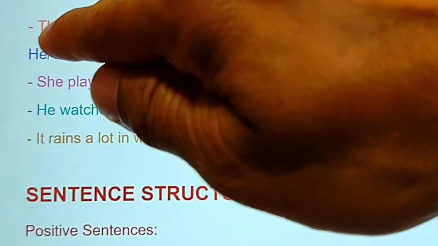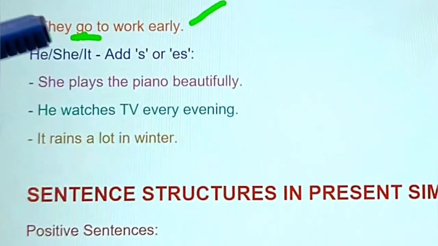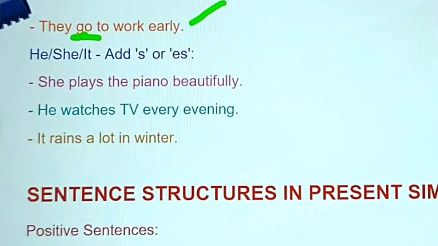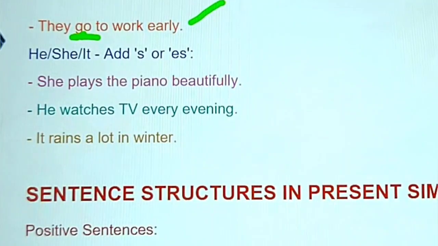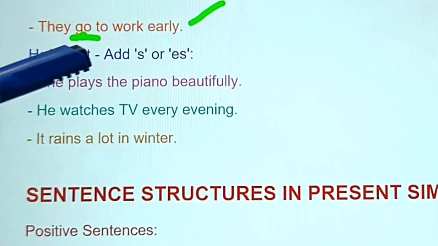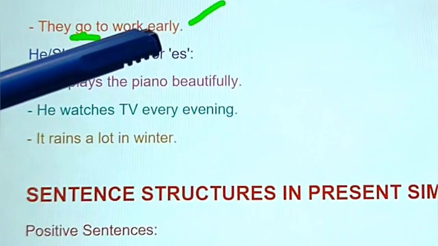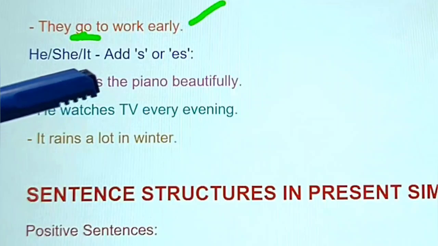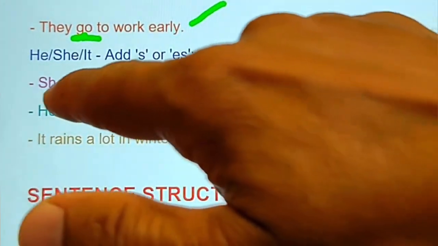So go is the base form, it remains as it is because it comes with they. And next rule for present simple tense: with he, she, it, in the sentence we add s or es behind the base form. For example here, she plays the piano beautifully.